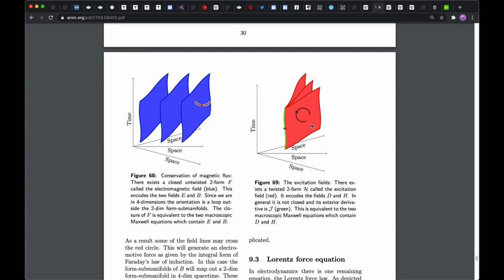To connect those two, to obtain d star F instead of dH here, we need to use vacuum constitutive relations. By using those, we understand that the H form is the Hodge dual of the F form, with some mu 0 and epsilon 0 added.